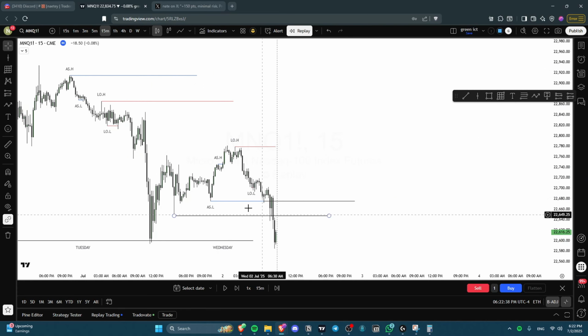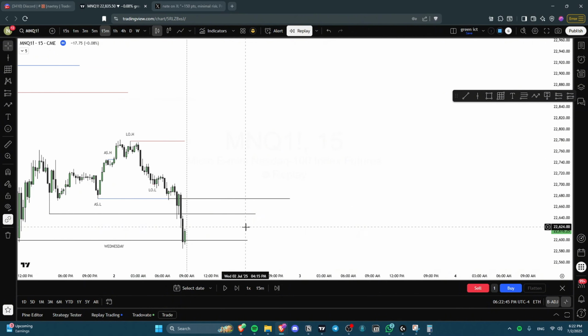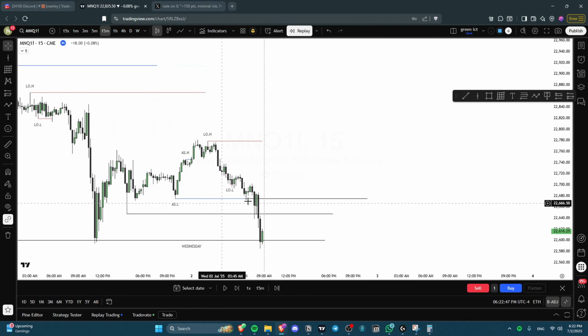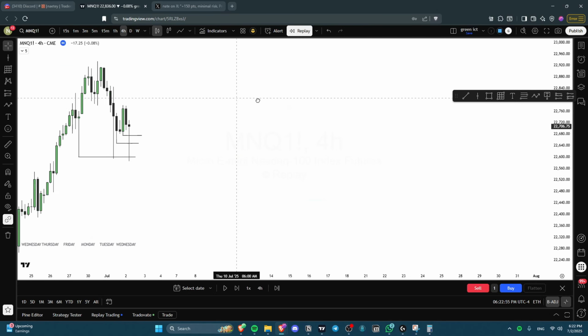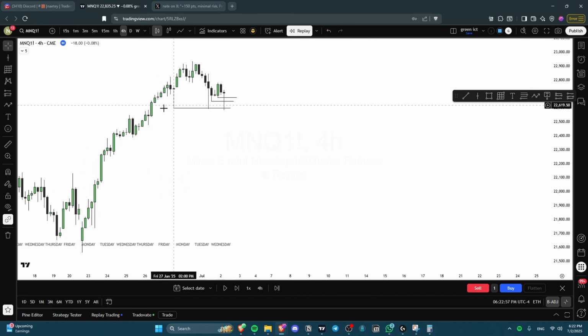Okay. So again, price took out these internal levels and we actually reswept these 4-hour lows. Now I was looking for some sort of change in the state of delivery and a PD array for entry. Keeping in mind what's going on in the higher time frame, we're still in this bullish uptrend. We reswept these lows.